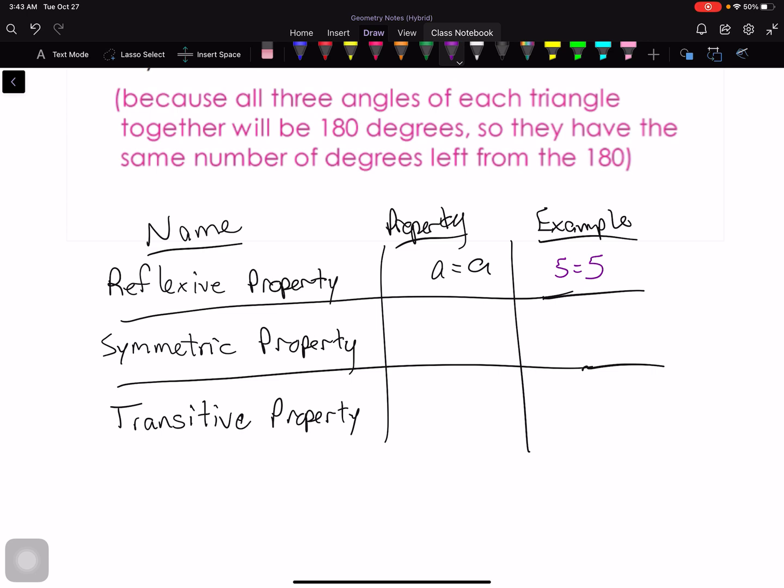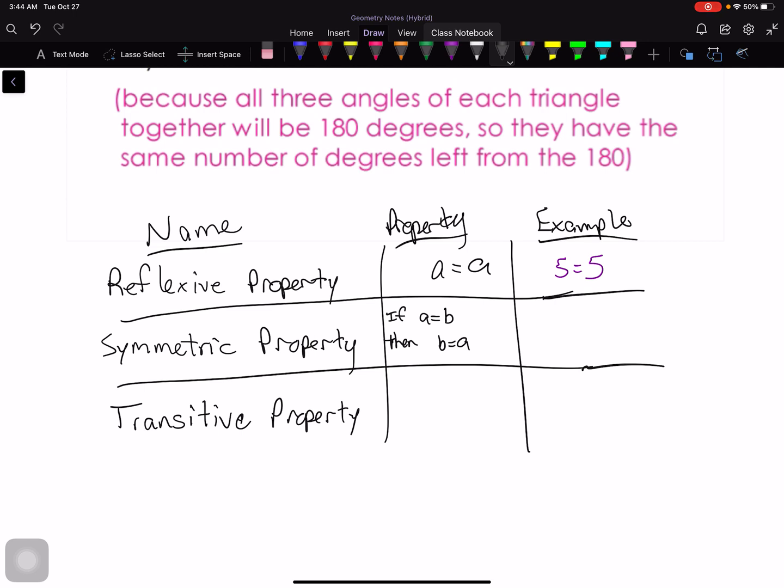The symmetric property basically says that if A equals B, then B equals A. Crazy stuff. Basically saying it doesn't matter what side of the equal sign they're on.